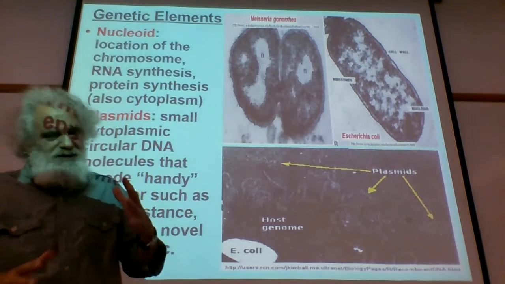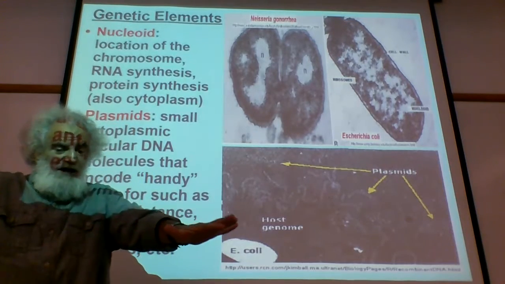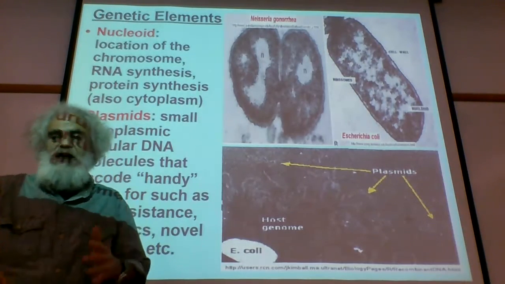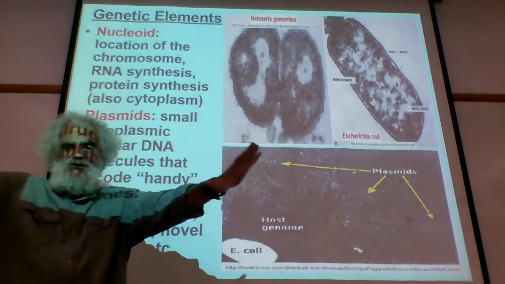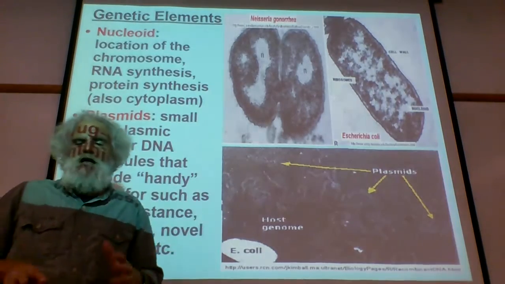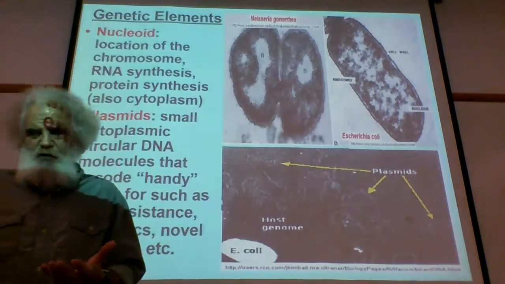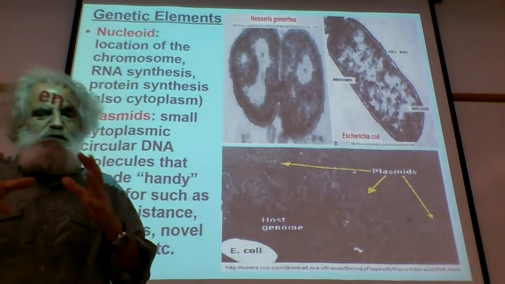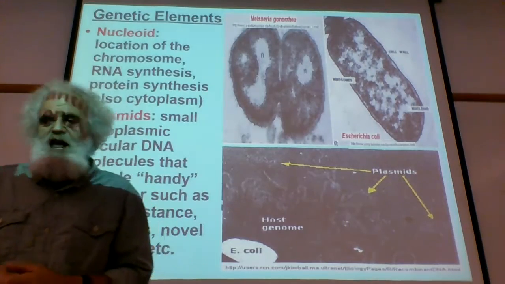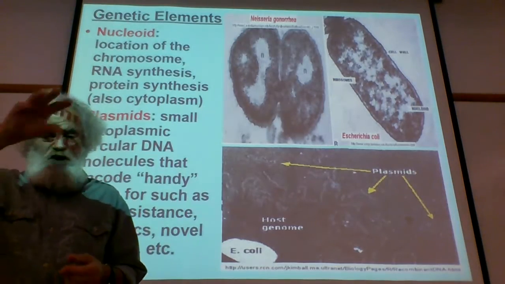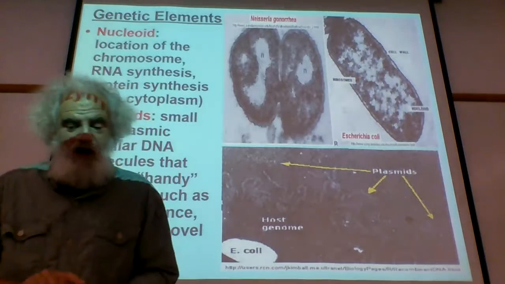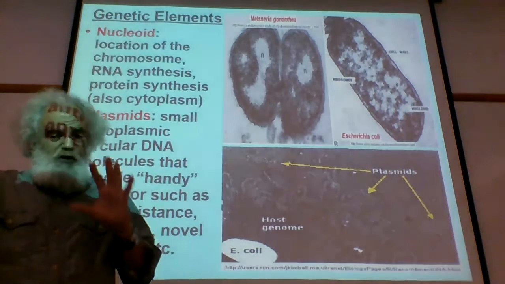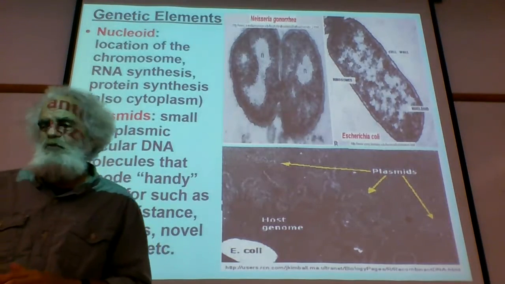But in the bacteria, there are no organelles, there's no membrane-bound compartments. And so you have the DNA sort of spread about, referred to as the nucleoid, which is more or less a spot in the bacteria where the chromosome, where the DNA happens to be. RNA synthesis is also occurring right there because it's being transcribed off of the DNA, and protein synthesis is occurring in that spot as well.